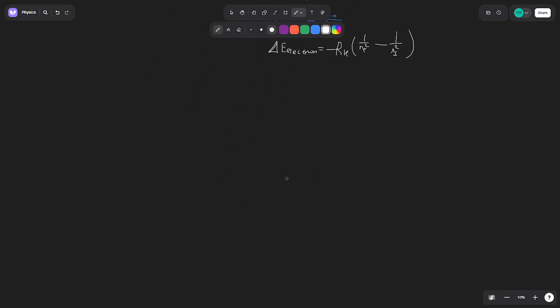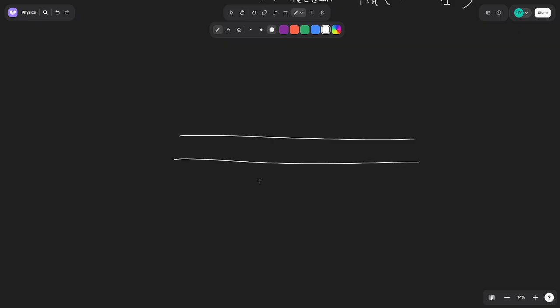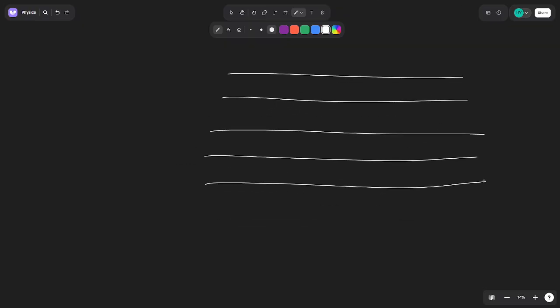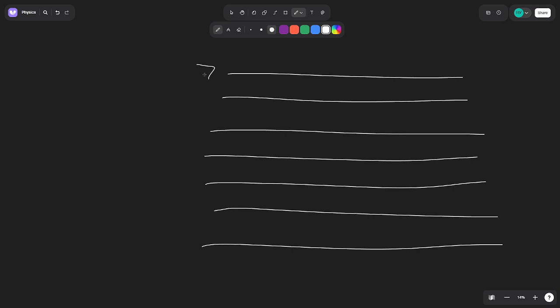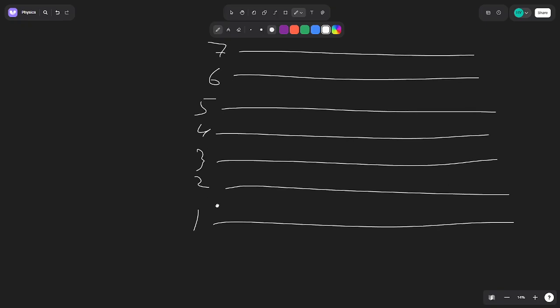So the last thing we need to talk about is electron transition. This is which particles can get on each stage of the electron. There are only 7 layers of it: 7, 6, 5, 4, 3, 2, and 1.